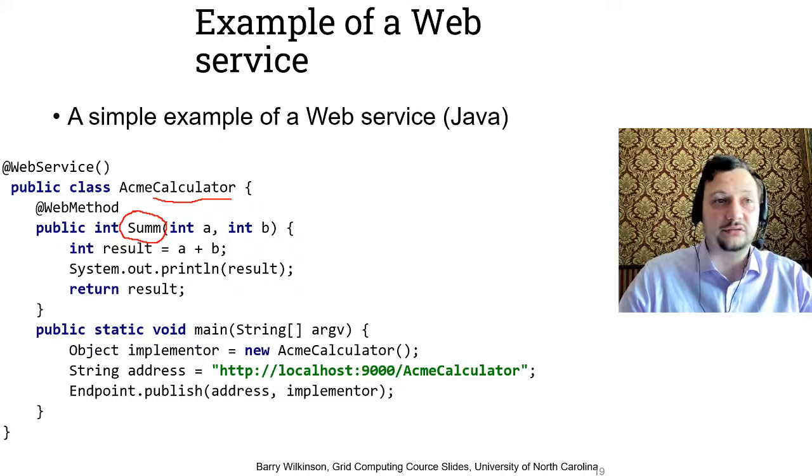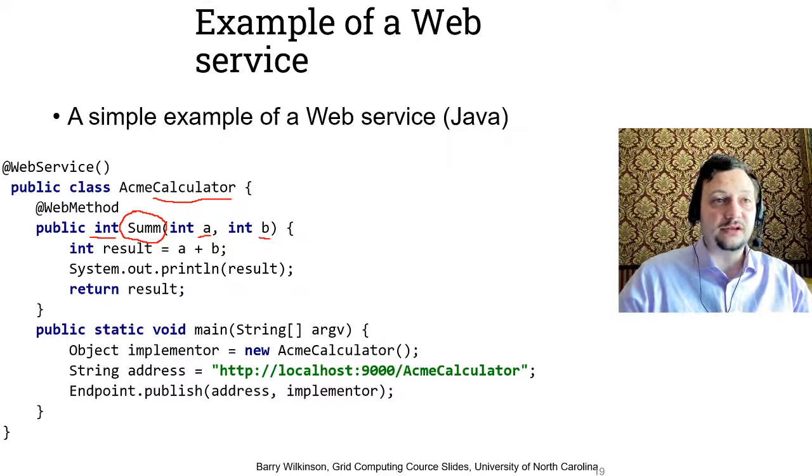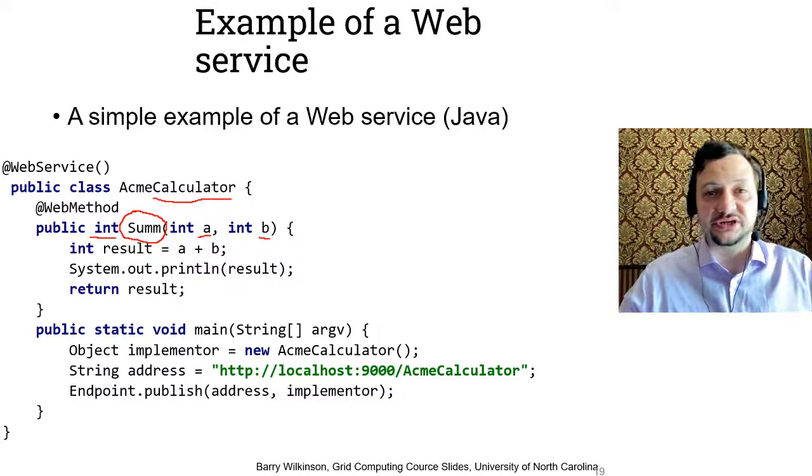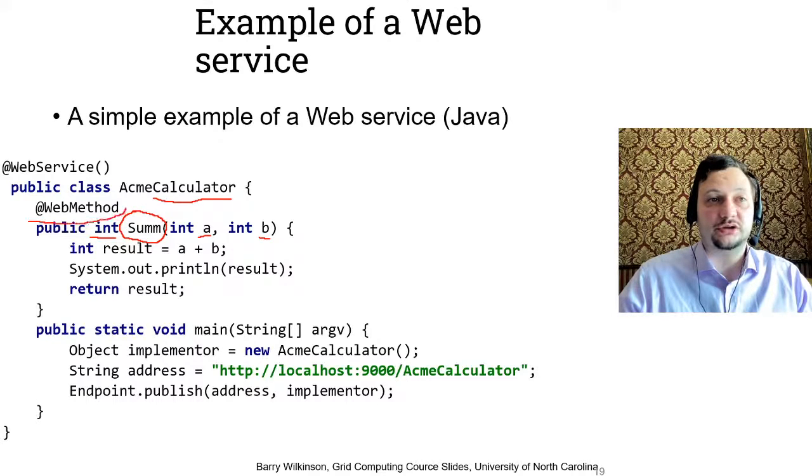So this calculator can sum A and B and provide us with the result. You can see that this is a very complicated calculator. To make Java understand that this is a web service, and this is a web method, we use this annotation in Java to describe that this is the web method, and this would be exposed to the remote procedure call.